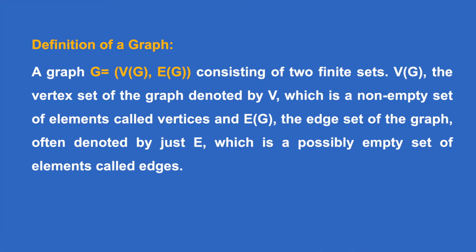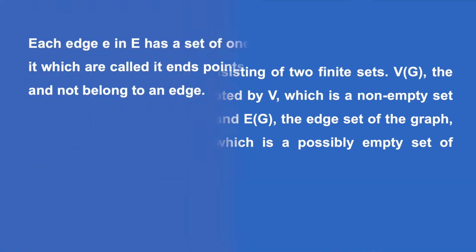Let us now see the definition of a graph. A graph G = (V(G), E(G)) consists of 2 finite sets. V(G), the vertex set of the graph, often denoted by just V, is a non-empty set of elements called vertices, and E(G), the edge set of the graph, often denoted by just E, is a possibly empty set of elements called edges.